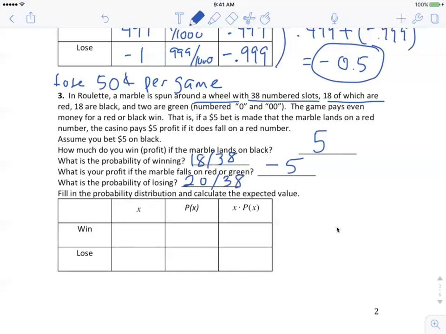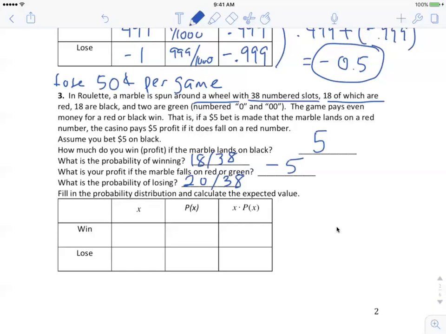Now we can notice right off the bat, this is not a fair game for the player because the money is the same, right? Either you win 5 or lose 5, but the probability that you win is smaller than the probability that you lose. That's not fair. So the casino will be making money in the long run and you will be losing money in the long run. And notice it would be the same if you bet on red.